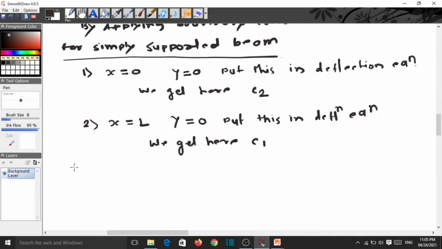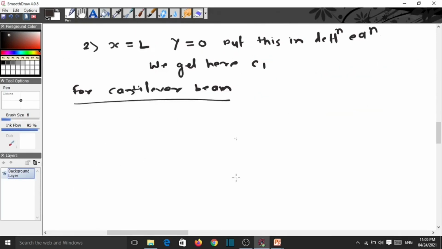Now for the cantilever beam, here is our x, anywhere in a section, measured from the left side.